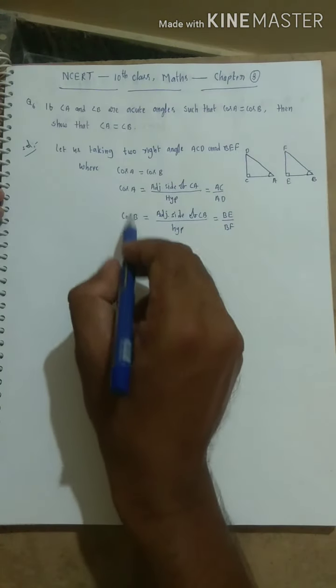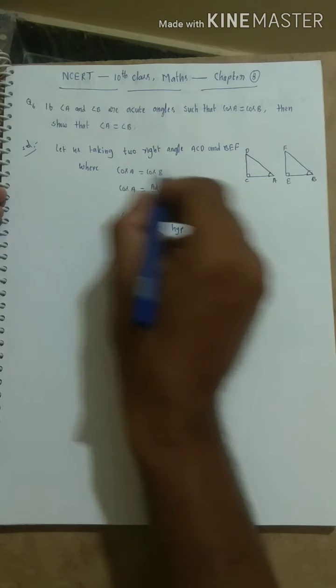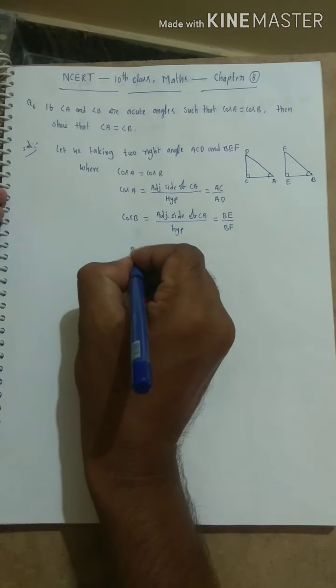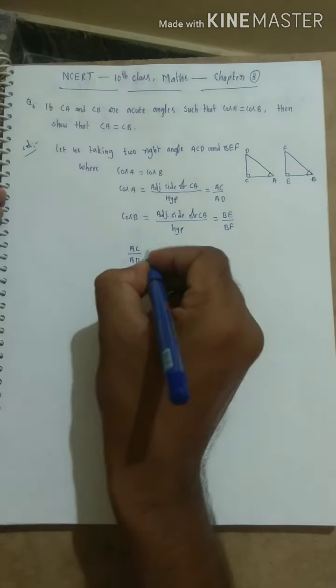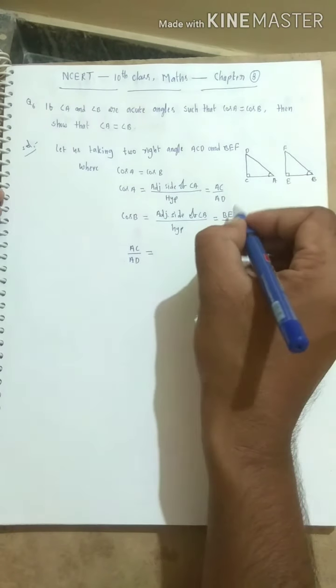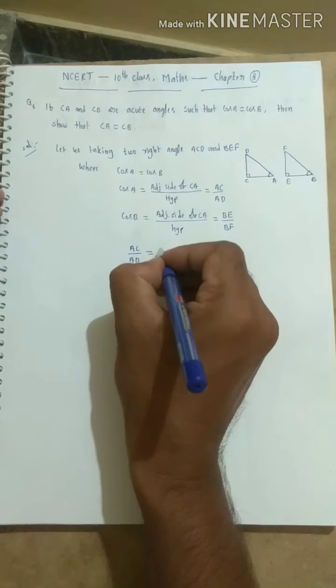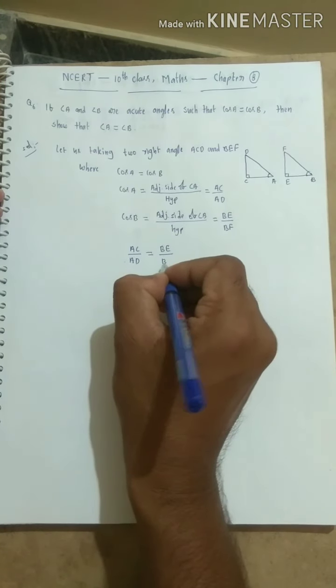These two trigonometric ratios are equal by the condition. Cos A, AC upon AD, is equal to cos B value, BE upon BF.